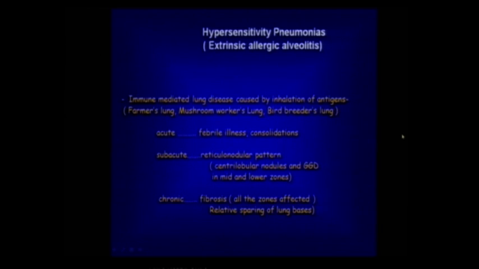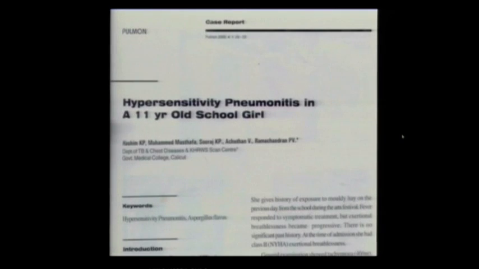You have no problem in diagnosing an acute case because it is a febrile illness with the consolidations, etc. But the subacute and chronic ones are problems. Subacute ones will have a reticulonodular pattern with ground glass opacity, whereas chronic ones will have fibrosis affecting all the zones. In fact, the relative sparing of lung bases and the relative predominance in upper zones is the only clue to differentiate from UIP sometimes.